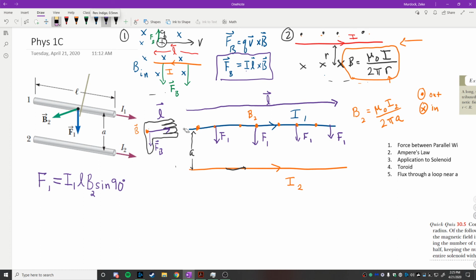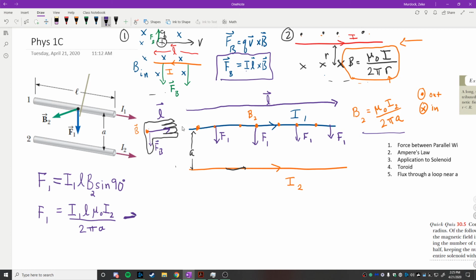And we can put the two equations together now. So we take this equation here for B2 and we plug it into this equation here. So now what we end up getting is that F1 is equal to I1 times the length times B2. And B2 is equal to, from over here, mu naught times I2 divided by 2 pi a. And then sine 90 is 1, right?